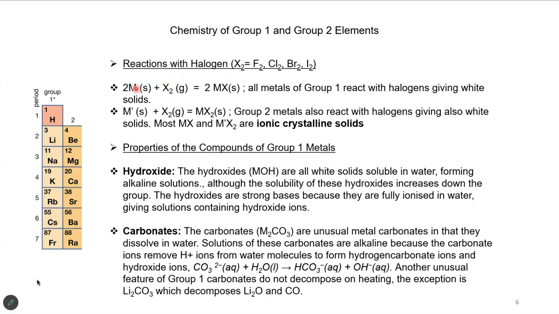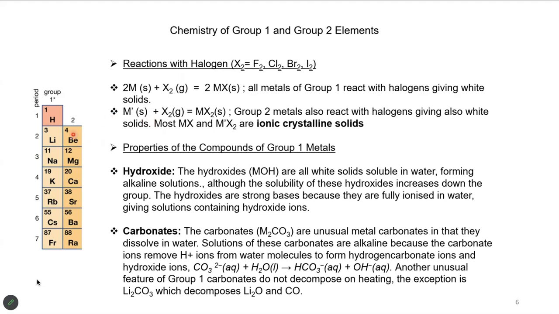So M immediately gives up its electron to the halogen, forming an octet and a stable electronic configuration, thereby forming compounds. And these MX compounds, all metals reacting with halogen, give white solids.